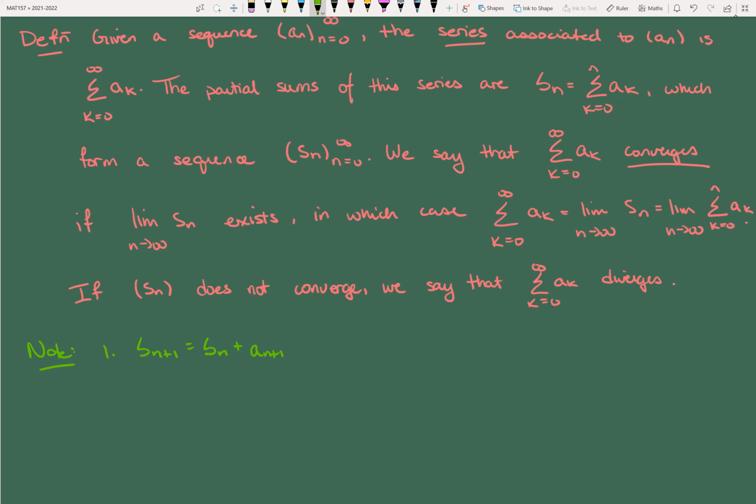Normally, even when you're talking about a sequence, there doesn't have to be any relationship between adjacent terms of a sequence. But partial sums, because they're defined via a sequence, you're guaranteed to always have this sort of relationship. So this is super useful, not only for computing partial sums, but it's going to be actually useful for proofs later. Okay, so this is very useful.